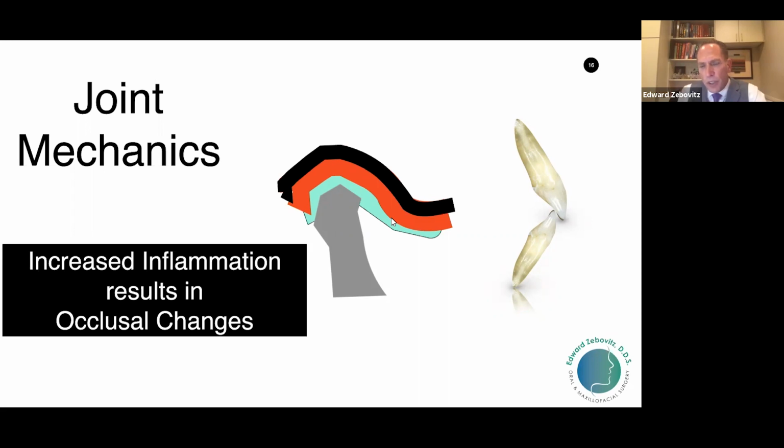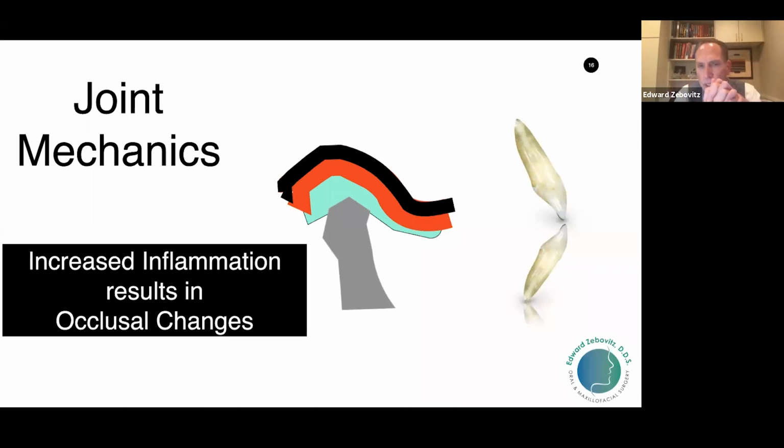Take a look at what happens to our teeth as it swells. If we get swelling within the posterior ligament, it pushes the condyle down and forward, and we see what happens to our occlusion.